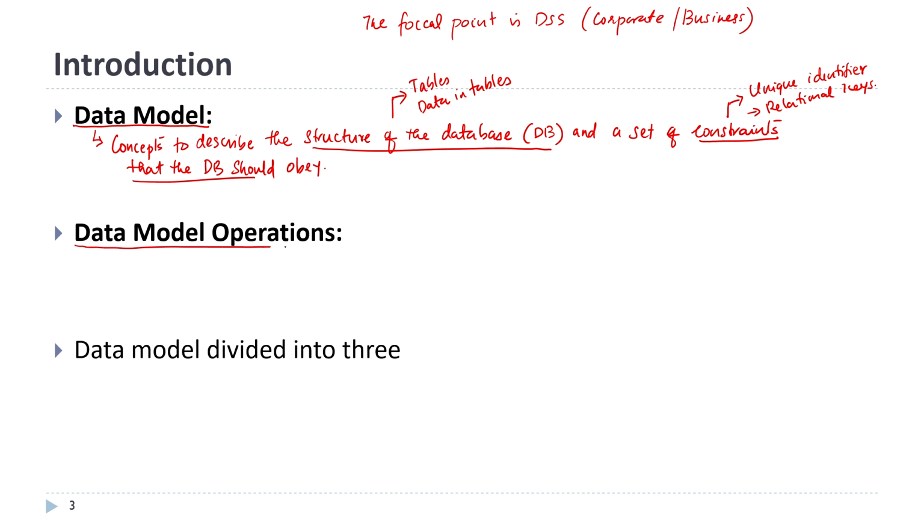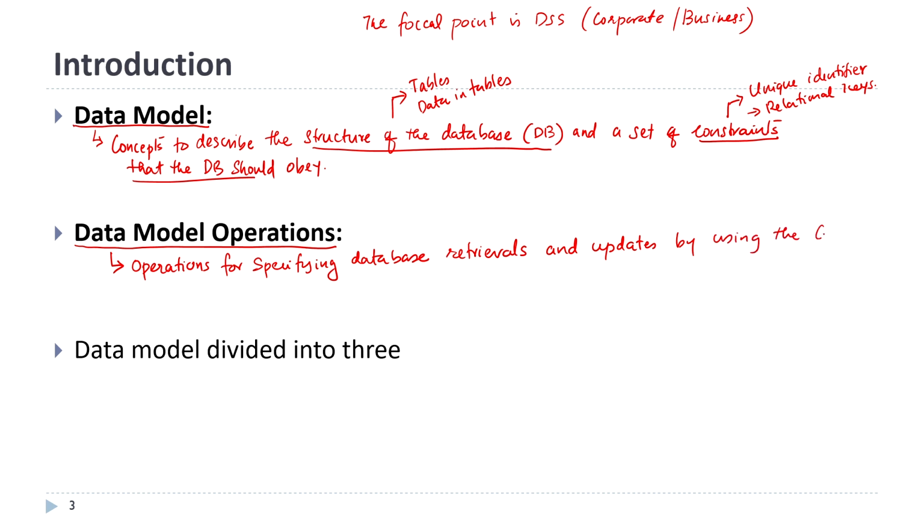Then comes the second term, which is called data model operations. So, what is that? These are the operations for specifying database retrievals and updates by using the concepts of the data model.